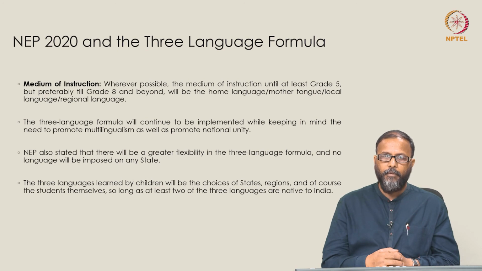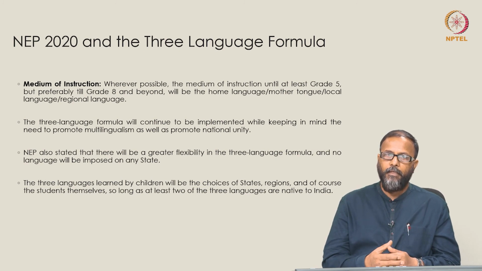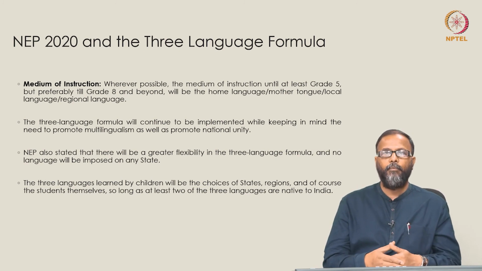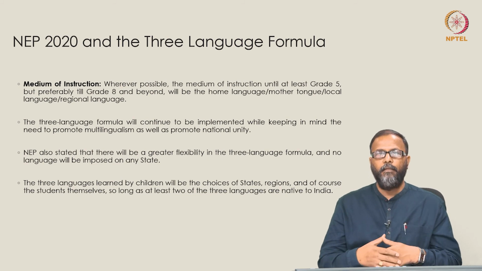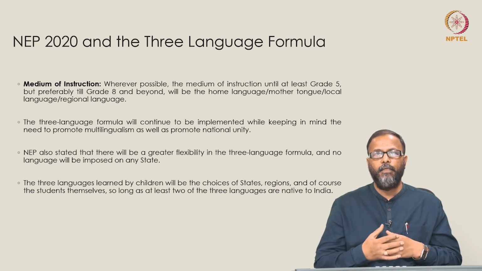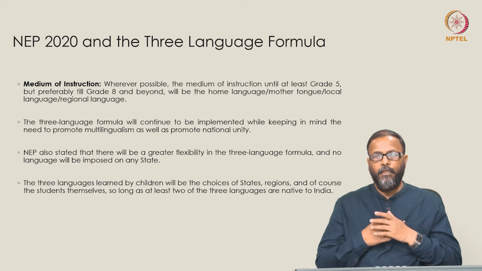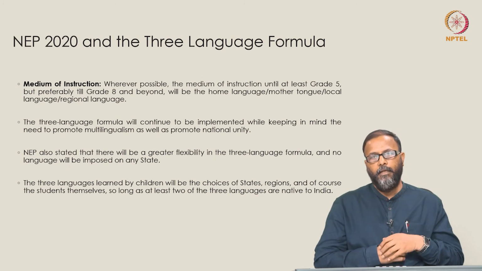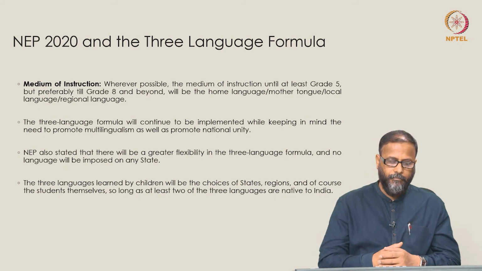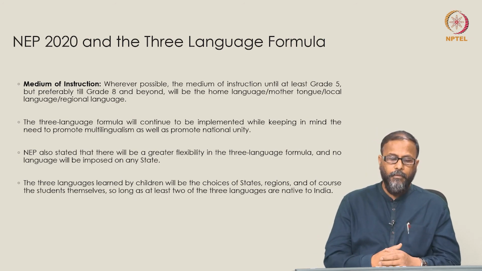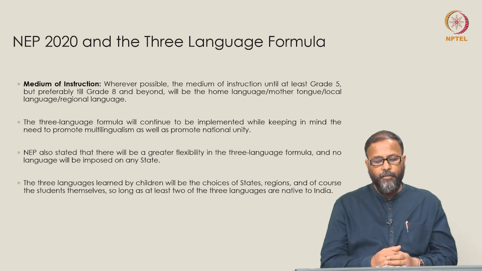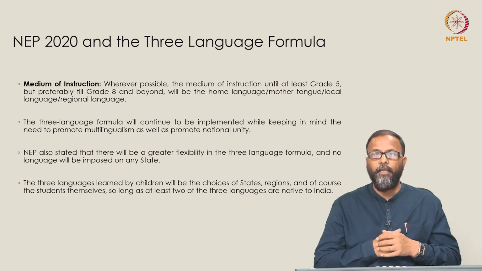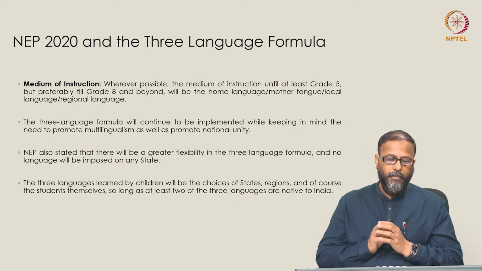So, primary education in mother tongue or any local language is mandatory till 5, it can go beyond till 8, and then the students can continue learning and studying that language and literature beyond grade 8 as a subject.